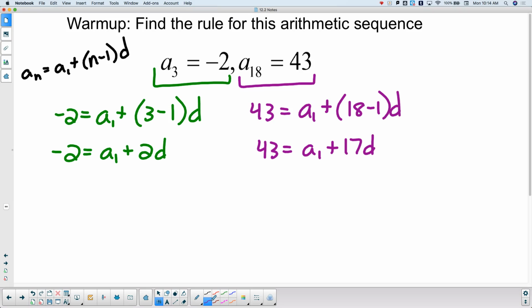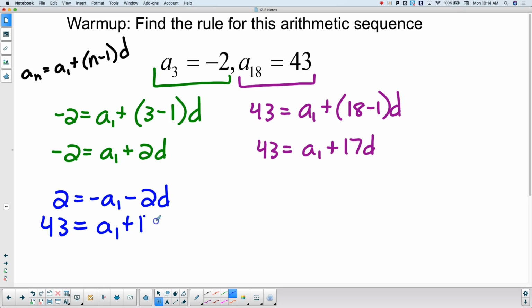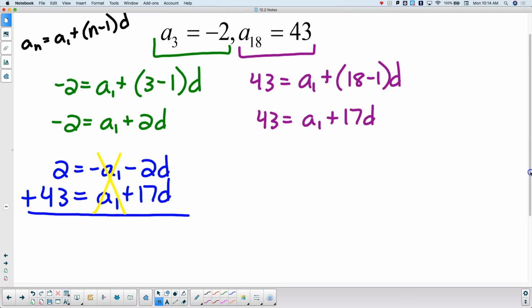Now we have to run either graphing, substitution, or elimination. I'd probably multiply the green equation by negative 1 and add that to the purple equation, because then my a sub 1's cancel each other out.